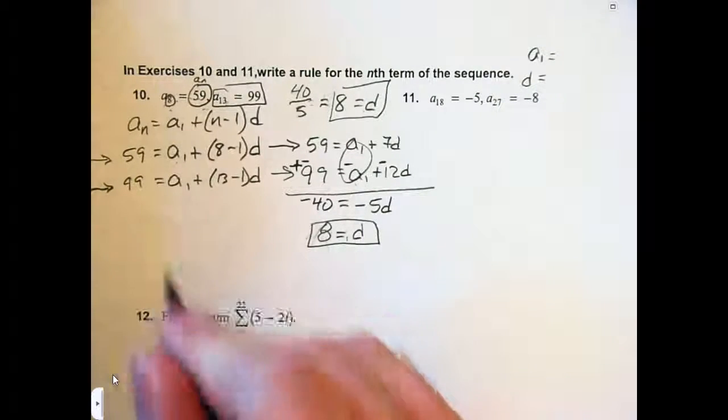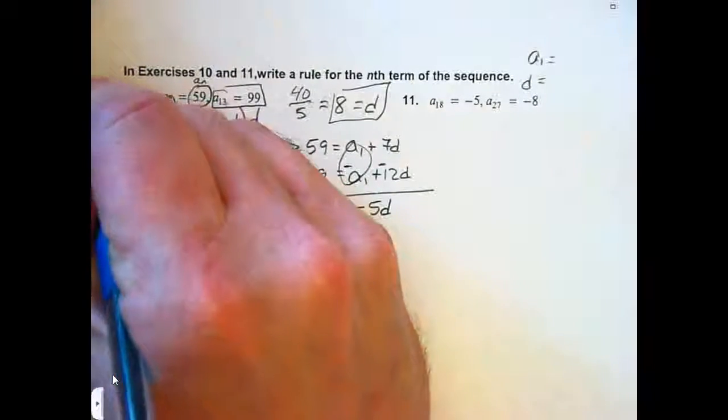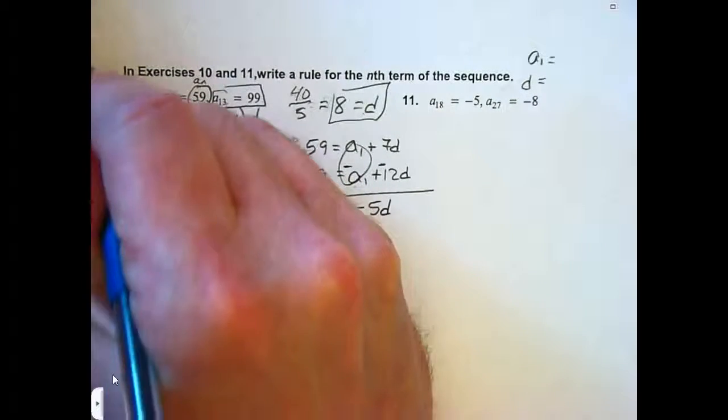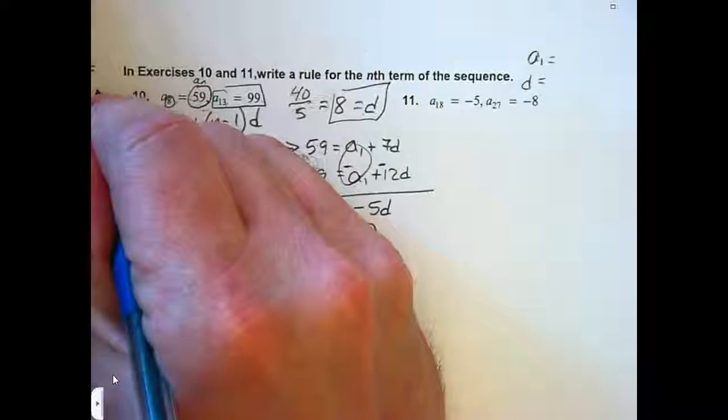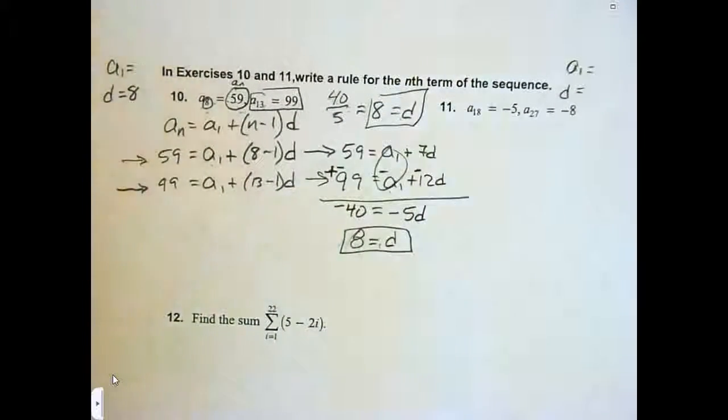Now, if I'm saying I need a sub 1 and D, I still don't know what a sub 1 is. How do I find that? Talk about it real quick. How could you find a sub 1? Plug in the 8 for D. Okay, volunteer, how could I do it?